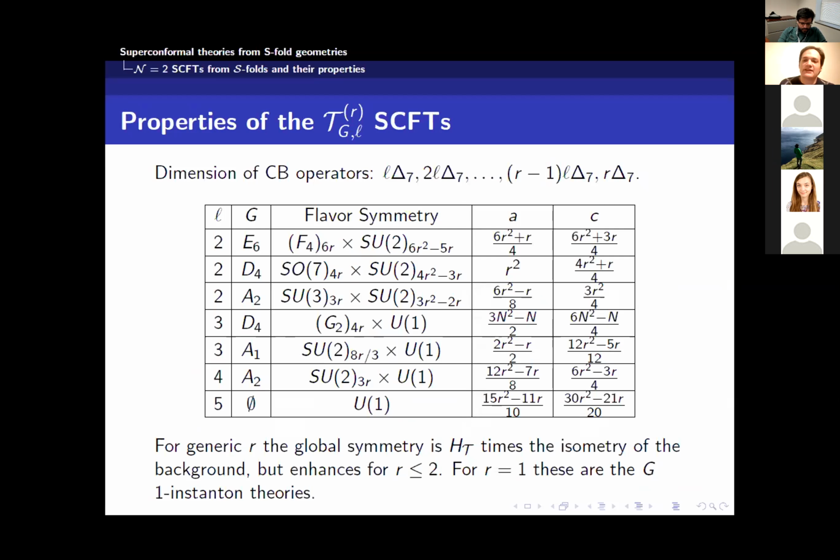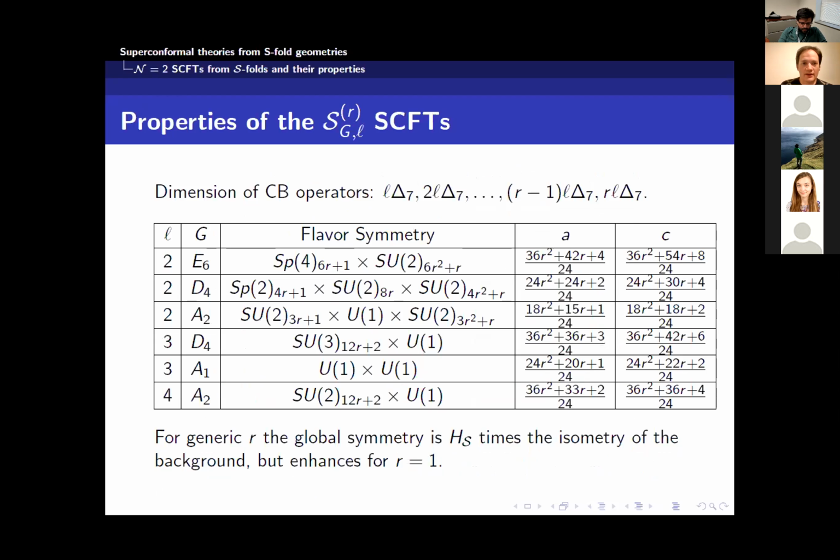There are enhancements of the global symmetry for low rank, in the case of T theories for rank 2 and 1. In the case of rank 1 theories, this just coincides with the 1 G instanton theories. Then let's come to the S series. The dimension of the Coulomb branch is the same as before.